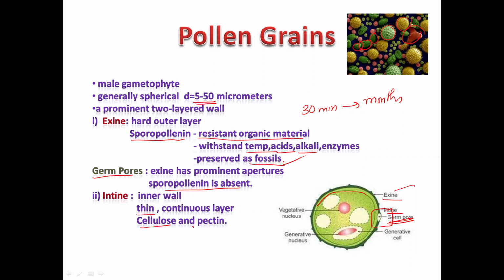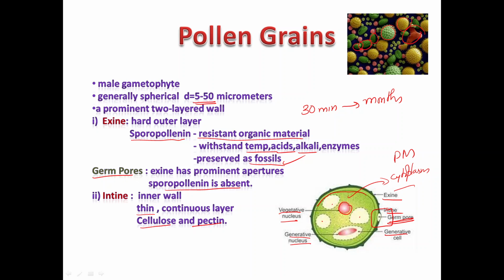It is just made up of cellulose and pectin. And it has cytoplasm. It has plasma membrane. And if you see, you can see here vacuoles, and there is a nucleus. This is called the vegetative nucleus. And you can see another nucleus called the generative nucleus.